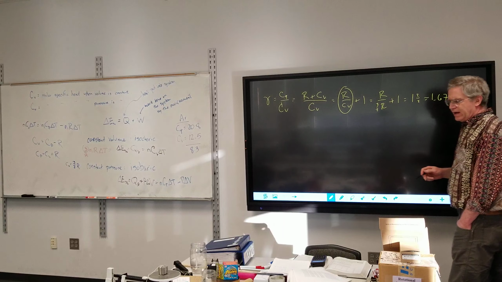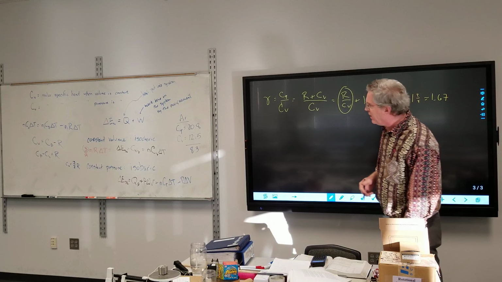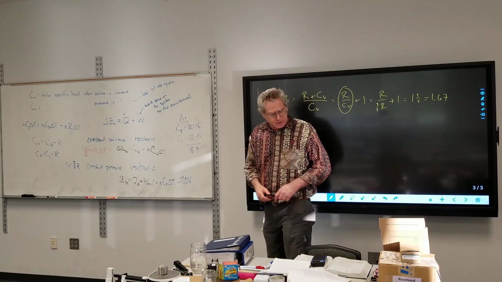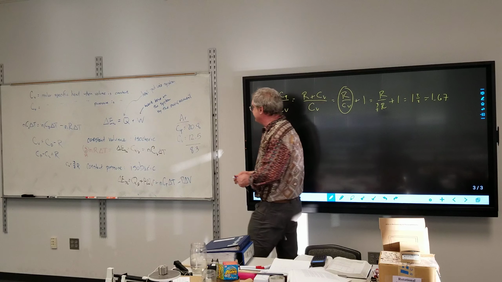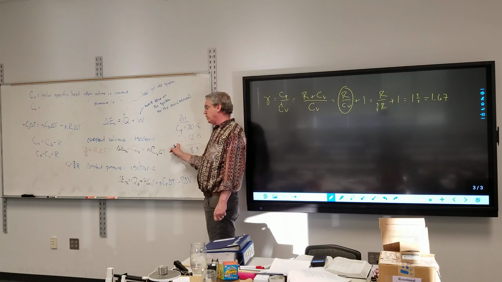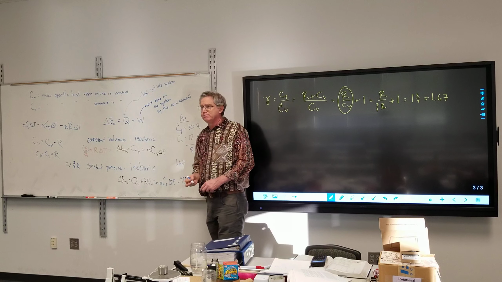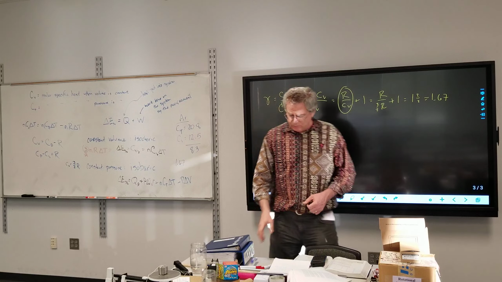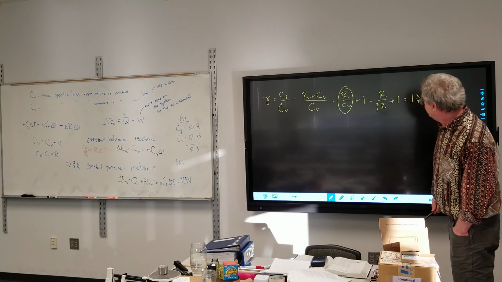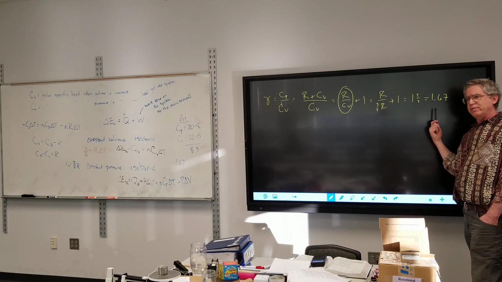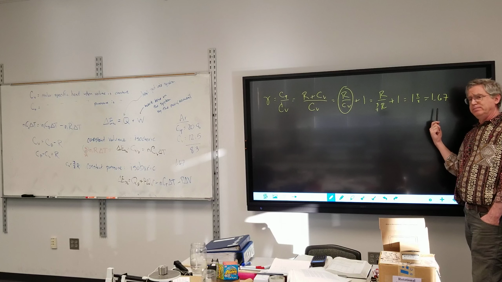If you look at that table, you'll see the ratio of the pressure constant one versus the volume constant one is 1.67. So what we find experimentally seems to match what we derived, which should feel good.